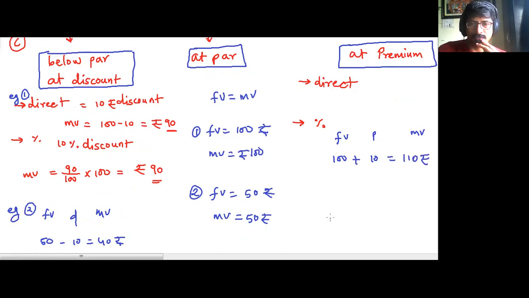If face value is 50 and 10% premium, so 10% of 50 will become 5 rupees. So that will become 55 rupees. I hope you understood. So when the face value is 50 and the premium is rupees 5, the market value will become rupees 55. I hope you copy pasted this.